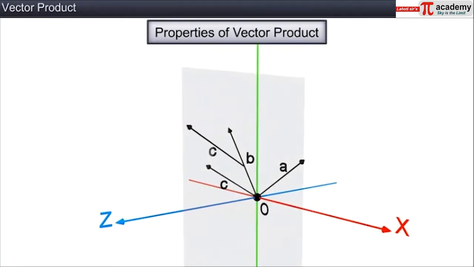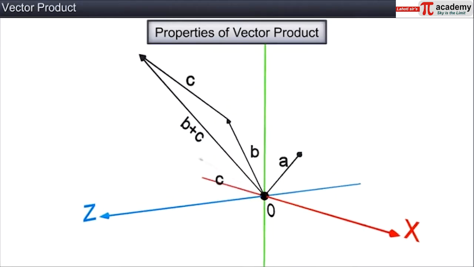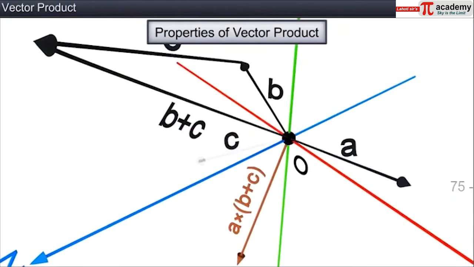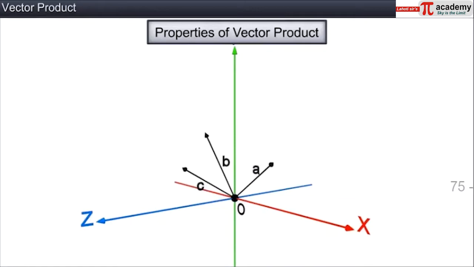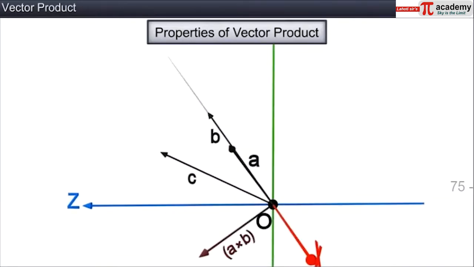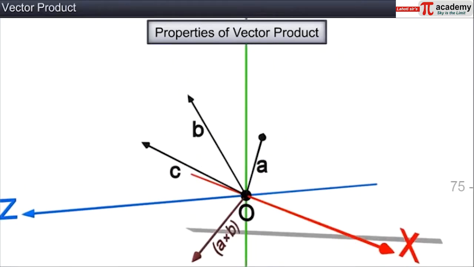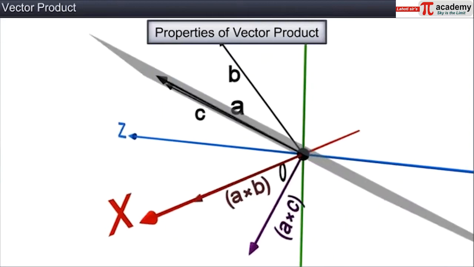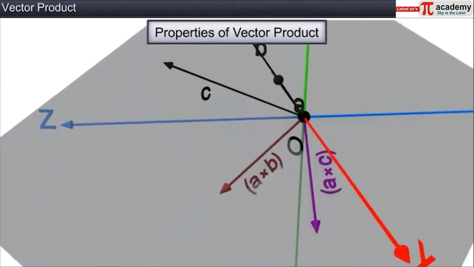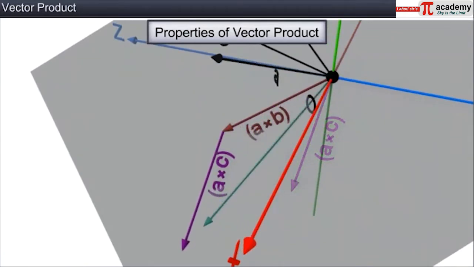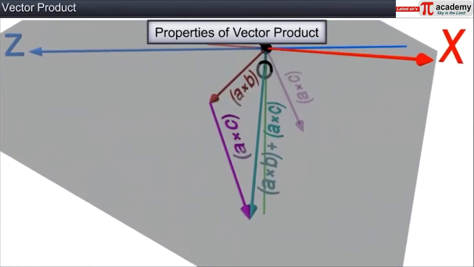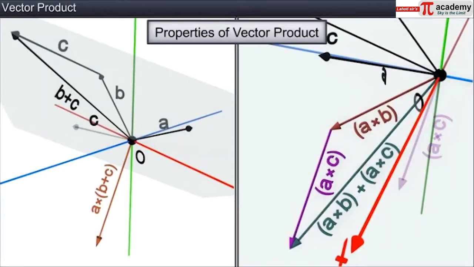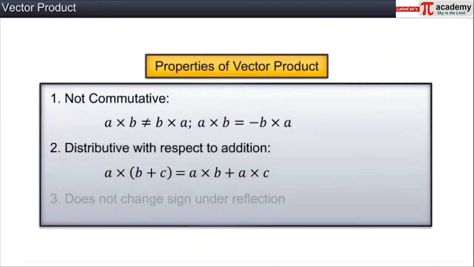Let's construct vector B plus C and draw the vector product A cross B plus C. Next, let's draw the vector product A cross B and A cross C. Then draw a vector A cross B plus A cross C. This vector coincides with the vector A cross B plus C. Hence, the vector product is distributive with respect to addition.